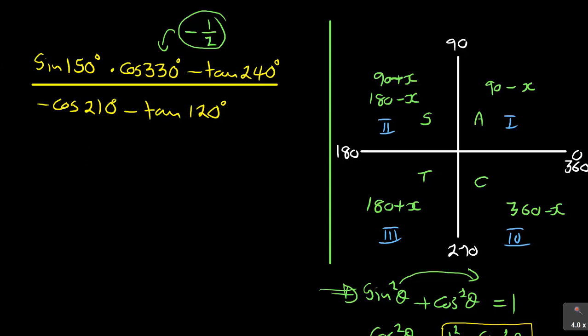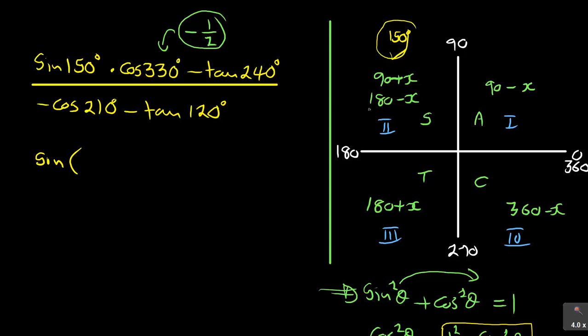Now you look at sine 150. Where do I find 150? I find 150 in quadrant number 2. It's between 90 and 180. So if I'm getting my 150, what is the reduction rule?